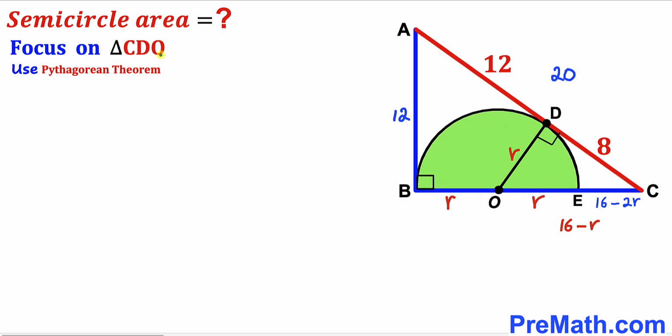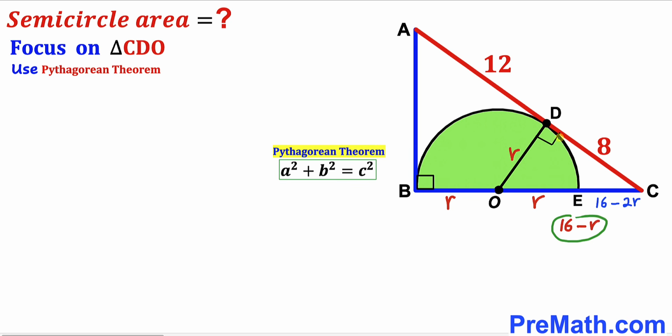Now we apply the Pythagorean theorem on triangle CDO: a square plus b square equals c square. The hypotenuse is 16 minus r, whereas our two other legs are lowercase r and 8. Let's fill in the blanks.